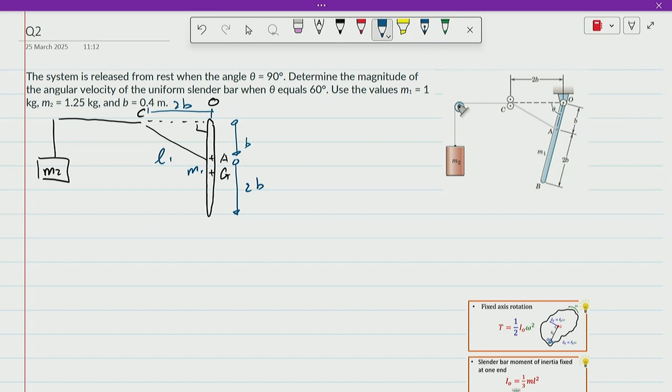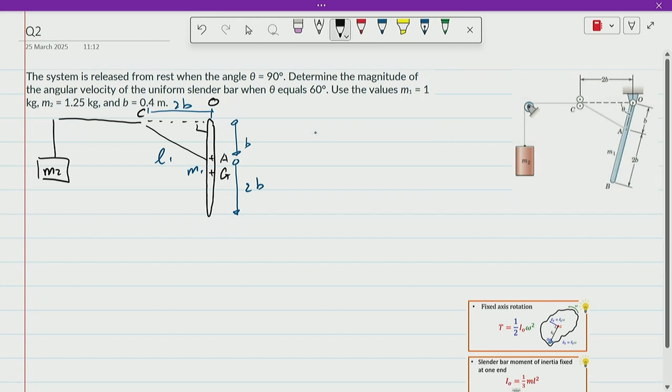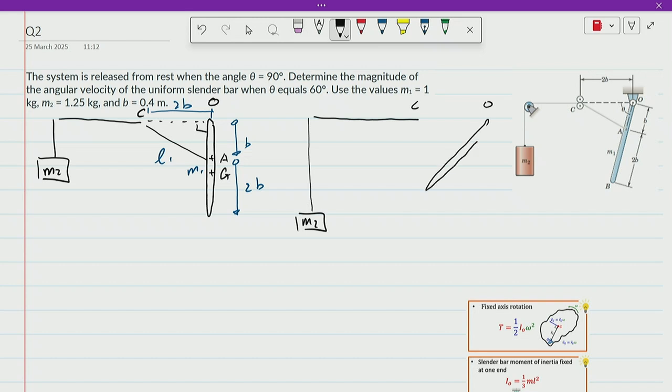So the idea is that theta is going to decrease, and when that happens, our system would probably look something like that. This is point A, G. It's B here, but B is just a distraction. And then we're going to call this L2.